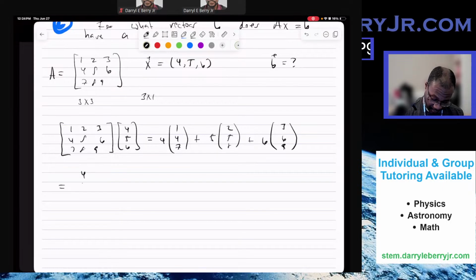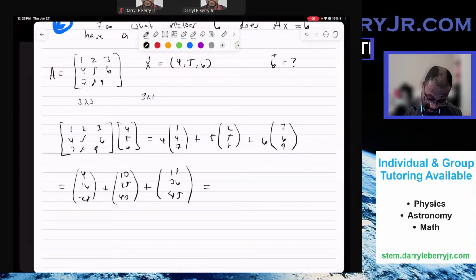So that equals (4, 16, 28) plus (10, 25, 40) plus (18, 36, 45). So that's going to equal 32, 77, and 113.